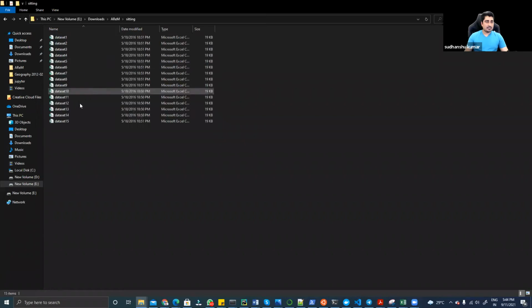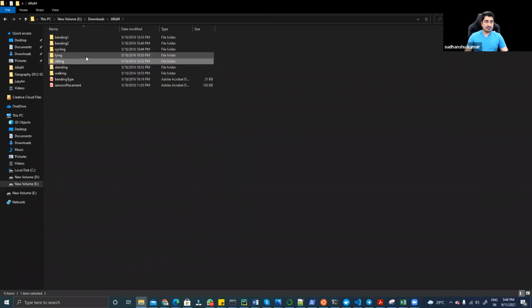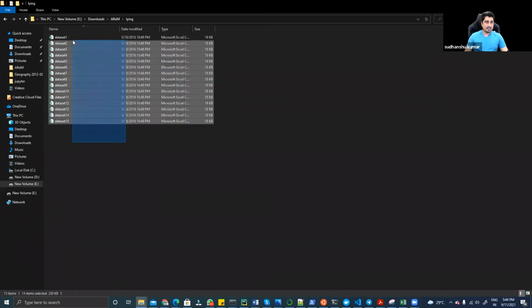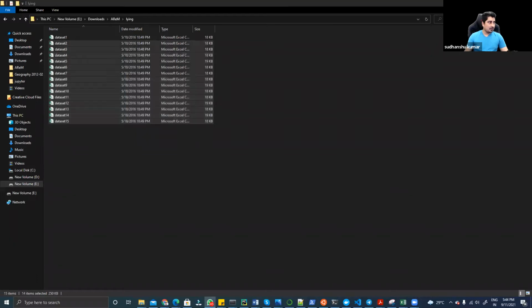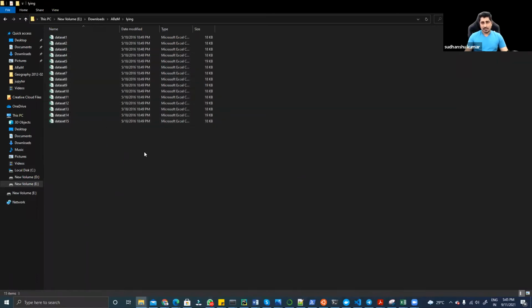If I click on sitting, again, multiple data sets are available. If I click on lying, again, multiple data sets are available. So for every folder, you will find multiple different files, a CSV file or Excel file, in this particular place.